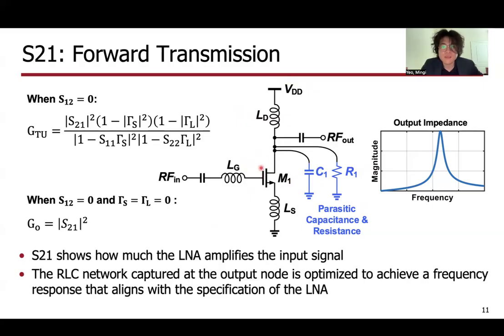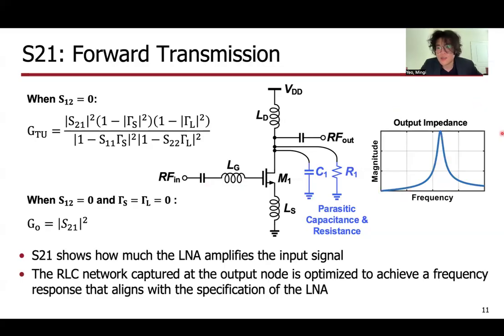The output impedance consists of a drain inductor LD, parasitic capacitance C1 arising from the device and interconnects, and parasitic resistance arising from the output impedance of the transistor and also just the lossy inductor LD, the drain inductor.